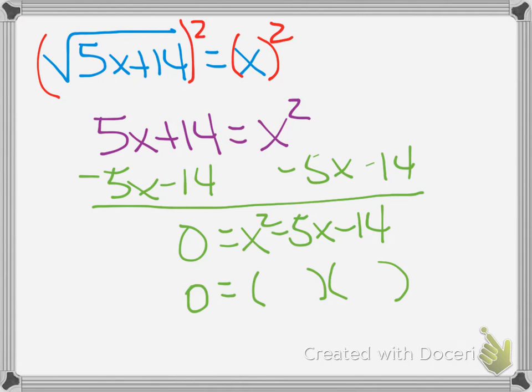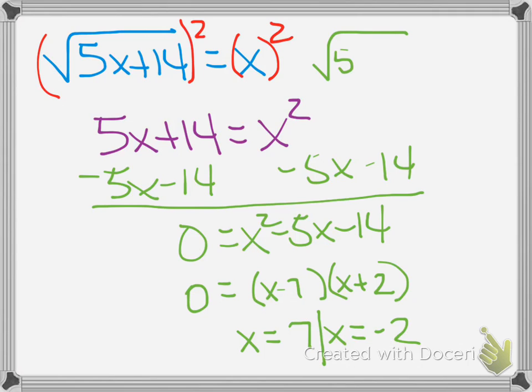X plus 7, x minus 5. Great idea. Those don't multiply to 14 either. Thank you. I like negative 7 and 2. Which means, what's our x's? Good.